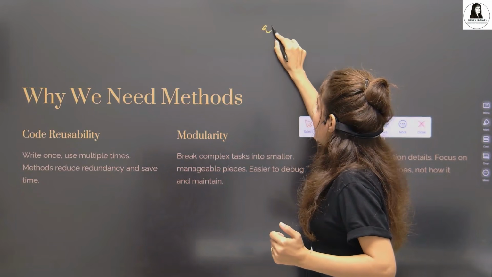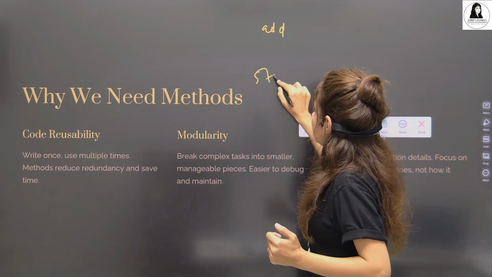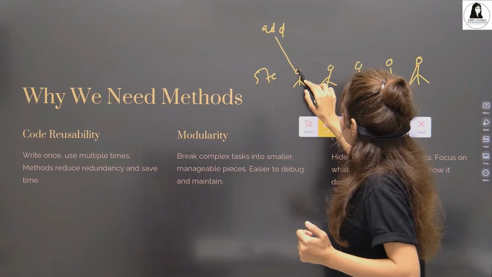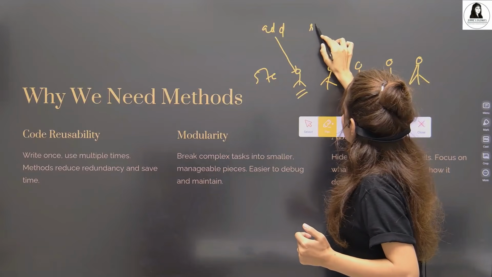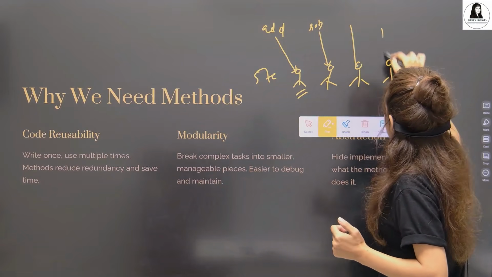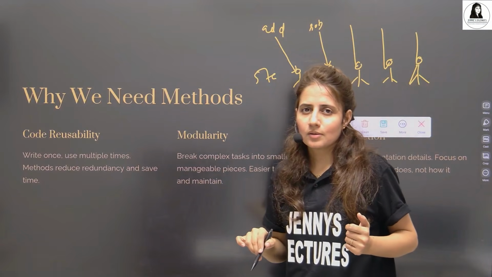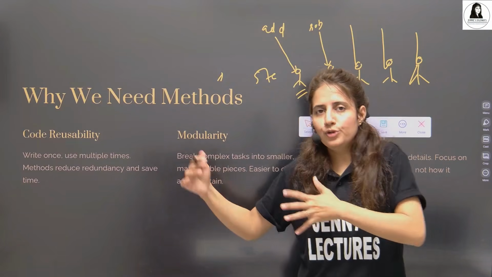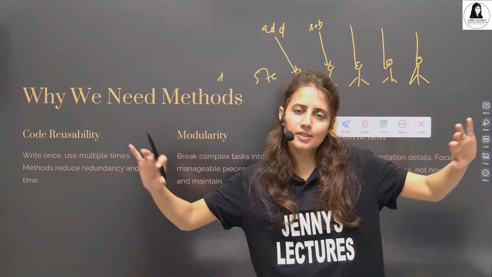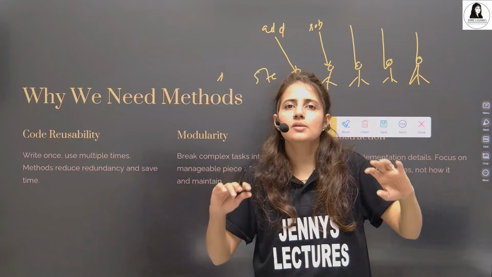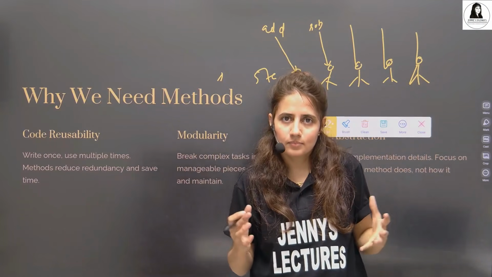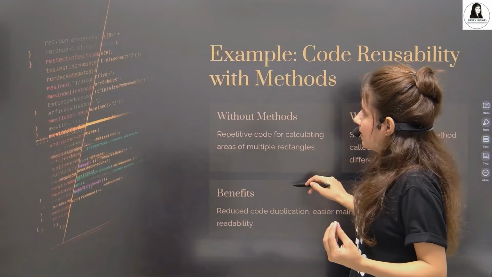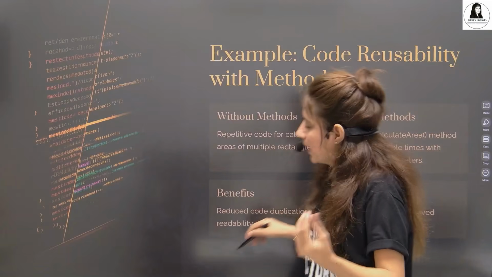Rather than one member writing everything in main, if there are modules, then we can simply divide the task among the team, and it will improve the collaboration as well as reduce the time also. That is one more advantage of using methods, right? Now these are simple examples.